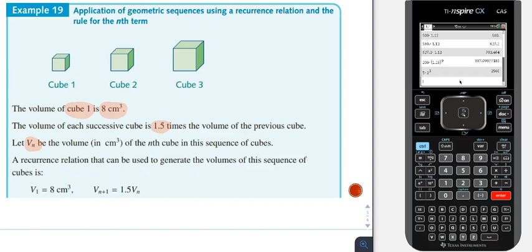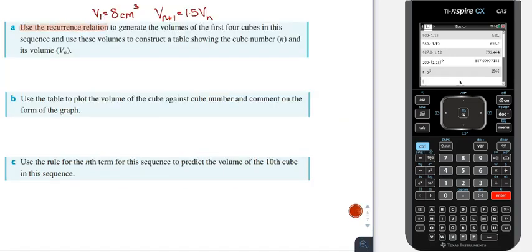The recurrence relationship that describes this is V1 equals 8 centimeters cubed and Vn plus 1 equals 1.5 Vn. We are asked to use the recurrence relationship to generate the volume of the first 4 cubes in this sequence, and use these volumes to construct a table showing the cube number and then the volume.